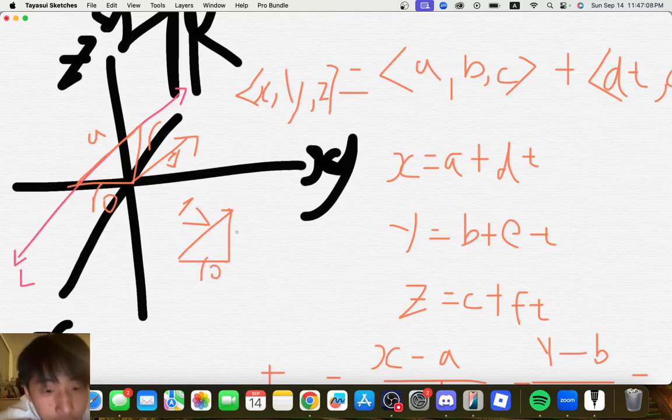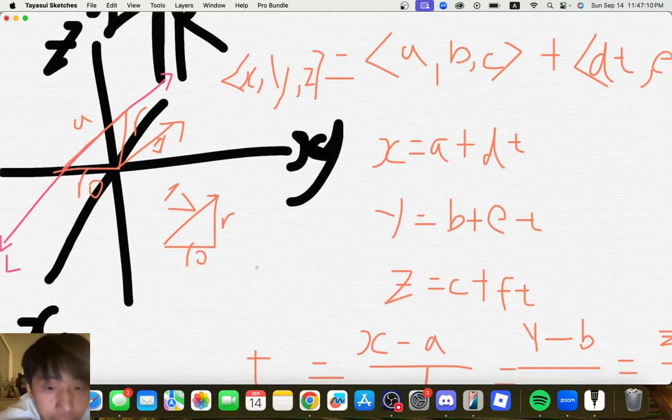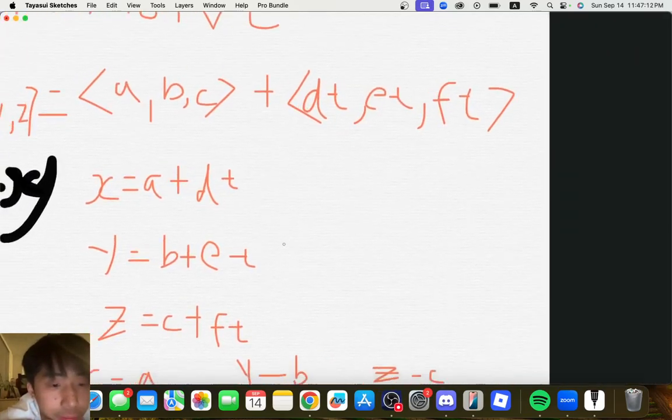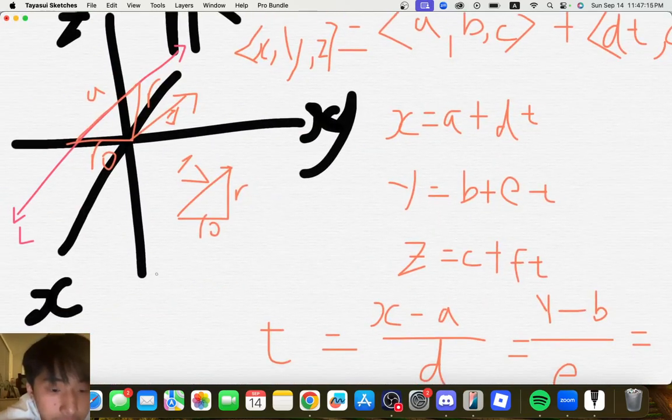r0 plus b equals r, right? So that would mean that r of t, that's so hard to write in, equals r0 plus t times v.